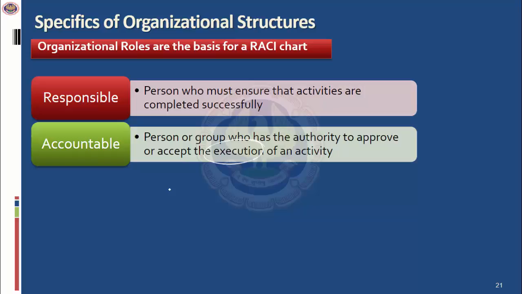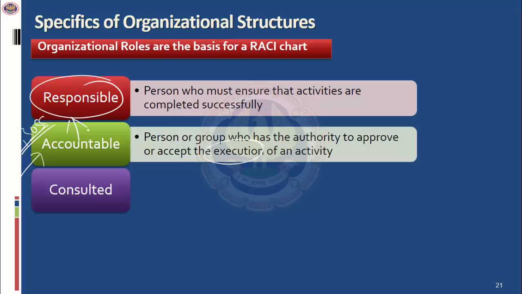So the person in an organization who is performing the task is responsible for performing the particular task. His boss is the one who is accountable. And this hierarchy continues throughout the organization. So if you look at accountable and responsible, this is how it's structured. There could be one person accountable for the actions of multiple people who are responsible.